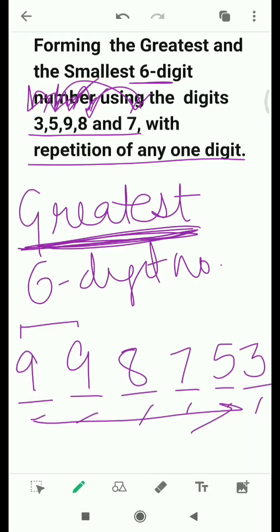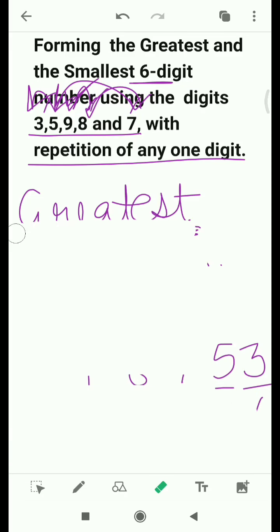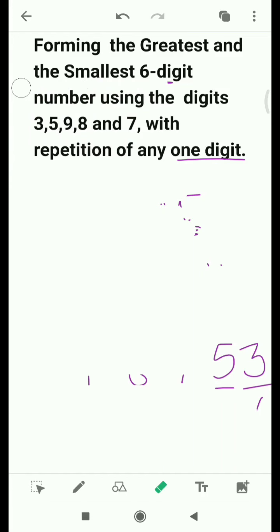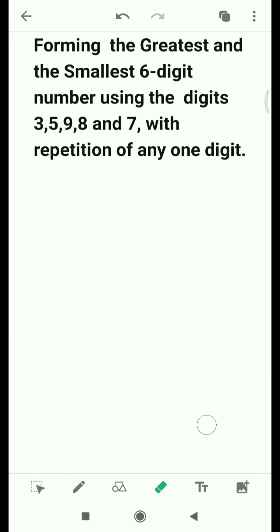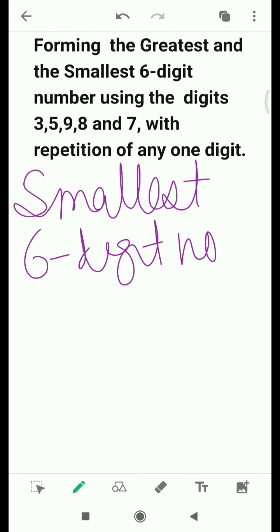Okay? Now let's see how to form the smallest 6-digit number by using just 5 digits. Smallest 6-digit number.